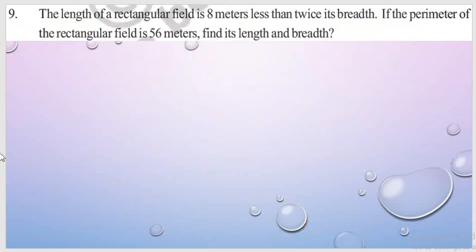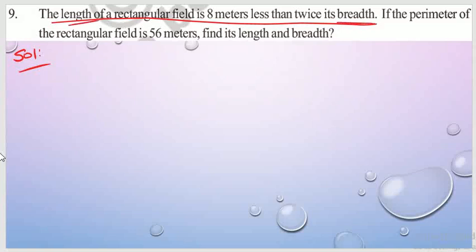Next, one more question related to areas and perimeters. Now the length of the rectangular field is 8 meters less than twice its breadth. Here also the same thing, length is being compared with breadth.